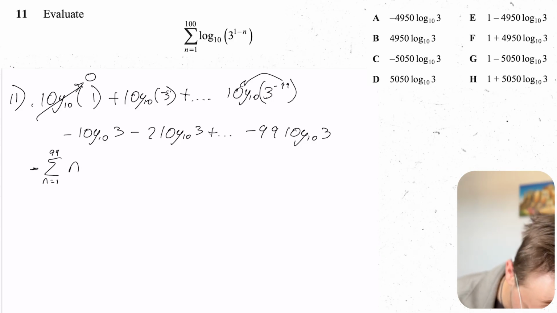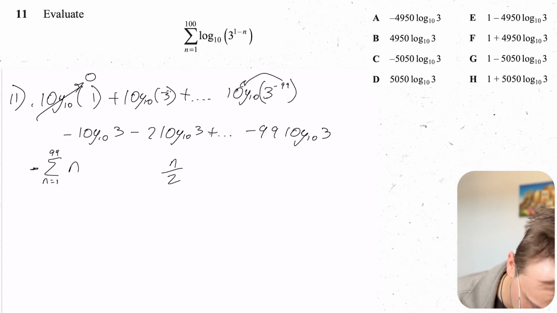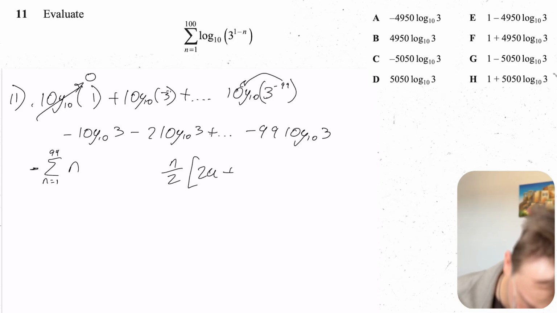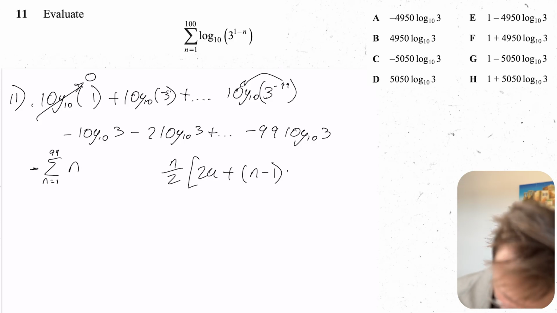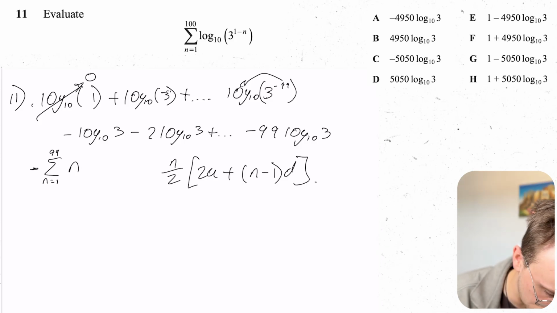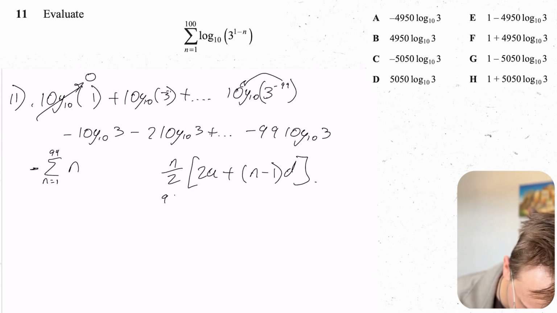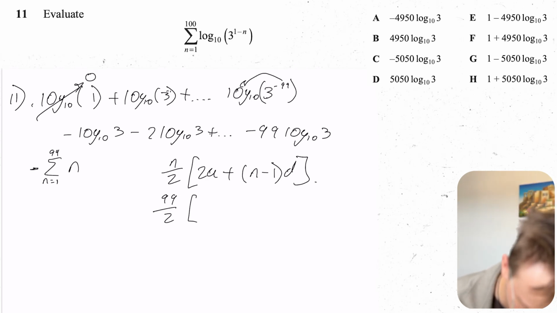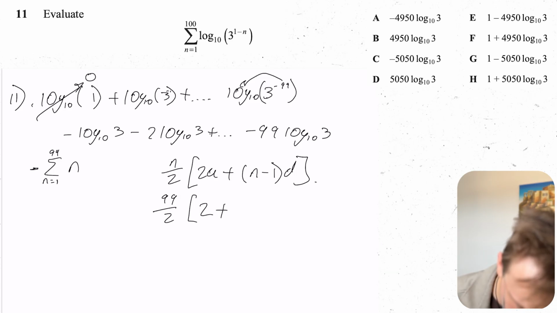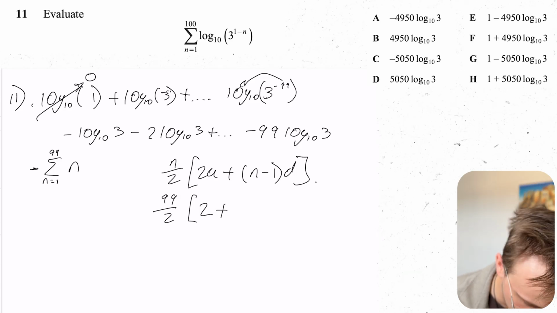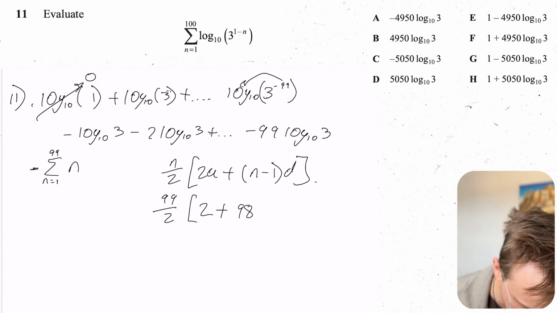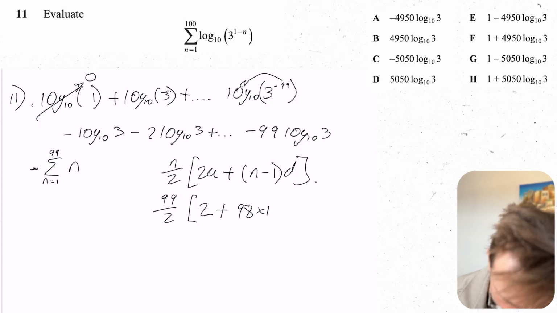Okay, so I can just use n over 2 times 2a plus n minus 1 times d. I should have used a different letter, but never mind. So how many do I have? I have 99 over 2. I have 2a, which will be 2, plus n minus 1, which will be 98, times d, which will be 1.